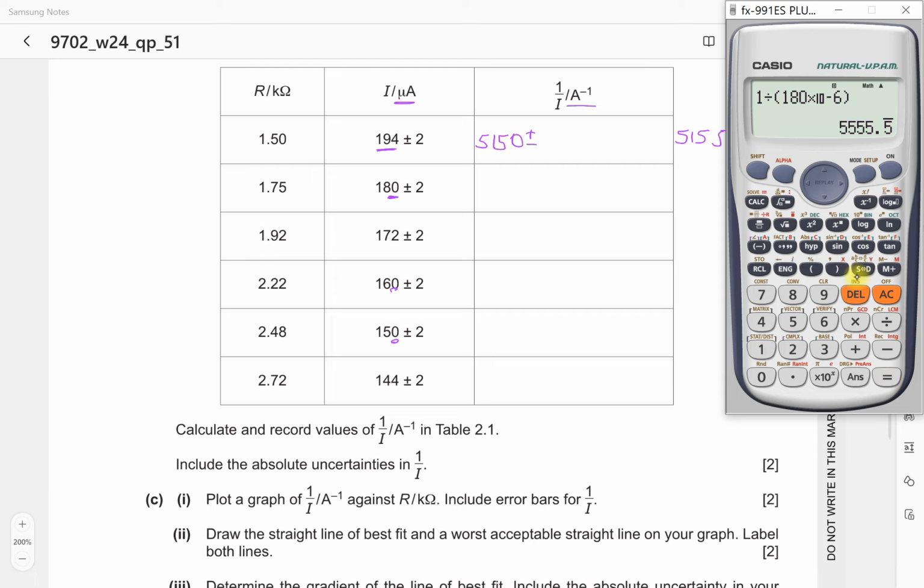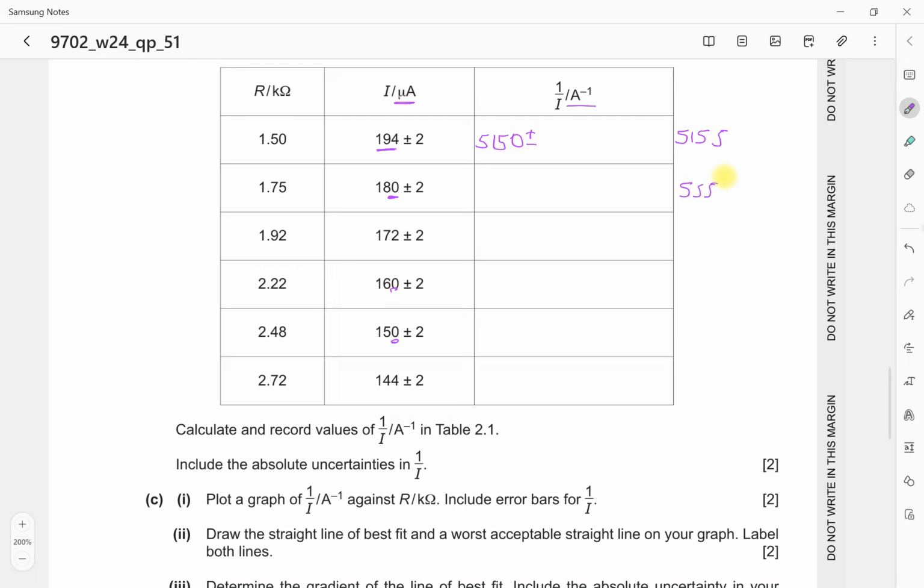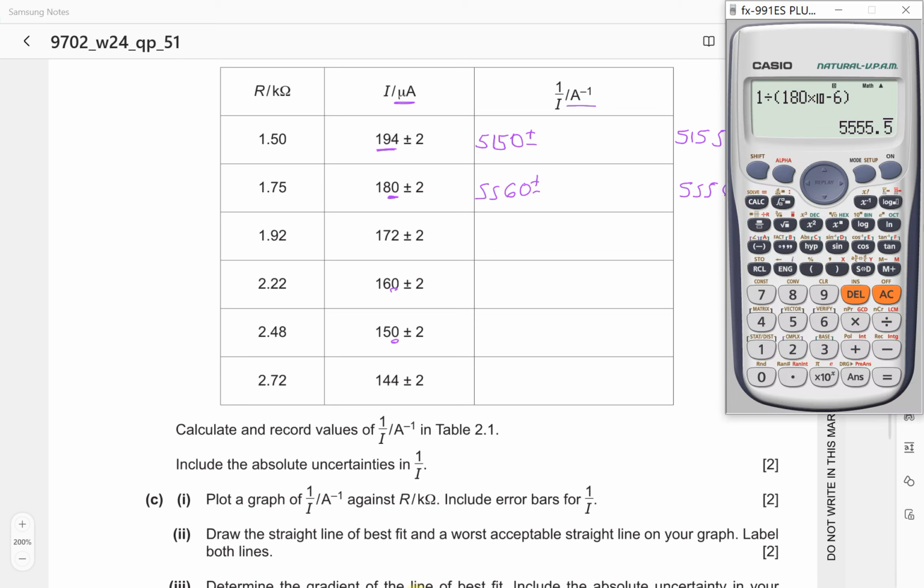The second one, 1 divided by 180 exponent minus 6, would be 5556, but I'll just write 5560 plus or minus. The next one is 1 divided by 172 exponent minus 6.